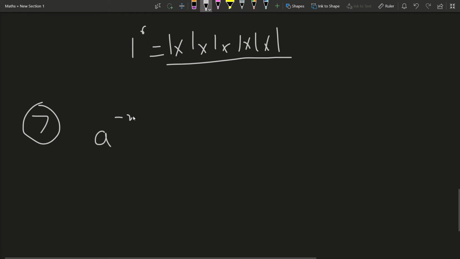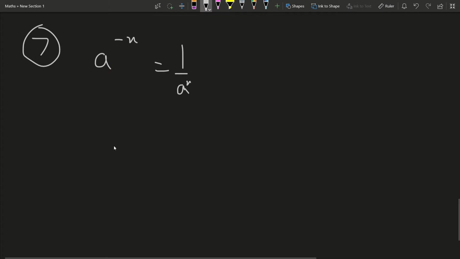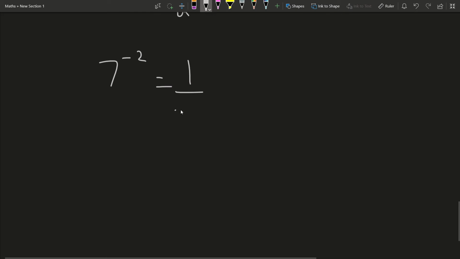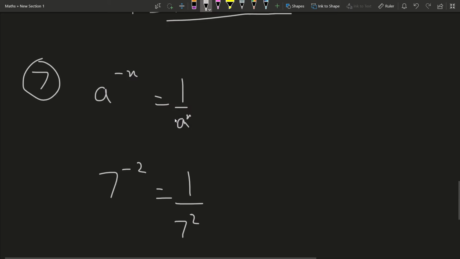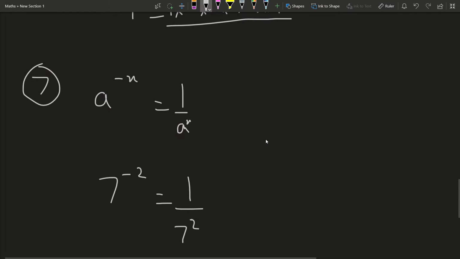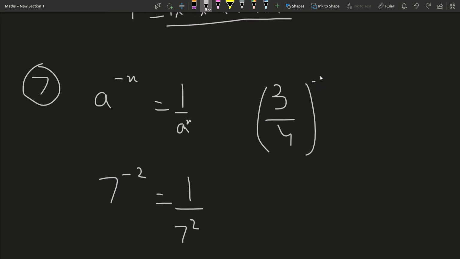a to the power minus x is going to be equal to 1 upon a to the power x. So an example for writing this could be 7 to the power minus 2 is going to be equal to 1 upon 7 to the power 2. We could also get a question, for example, like this: (3 upon 4) to the power minus 2.